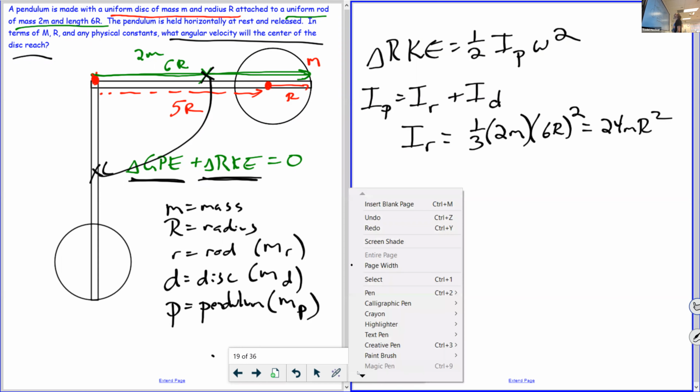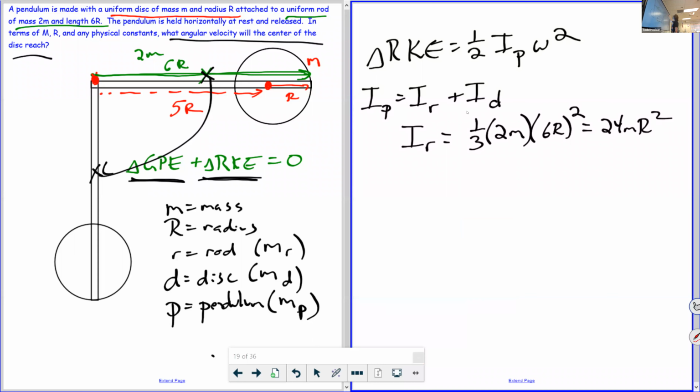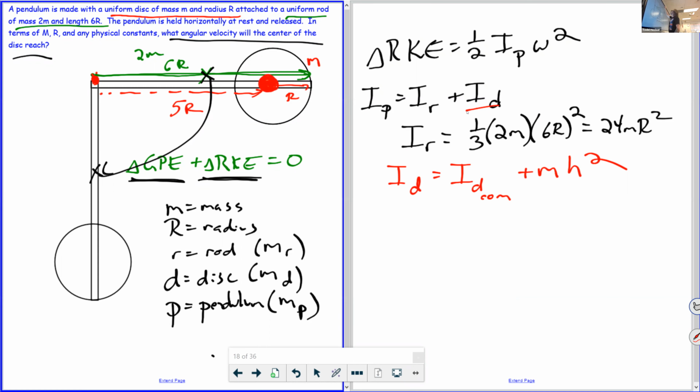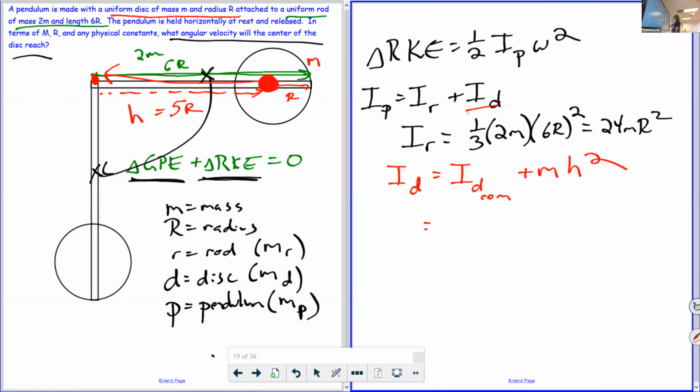All right. Then for the disk, the rotational inertia of the disk is equal to the rotational inertia of the disk about its center of mass plus mh squared, right? We have to use the parallel axis theorem. If the disk was just rotating about its center, we'd be good. But it's not. It's rotating about a point way over here, a distance of 5r away. So that's our h, right? So the rotational inertia of a disk about its center of mass is 1/2 mr squared plus mh squared.